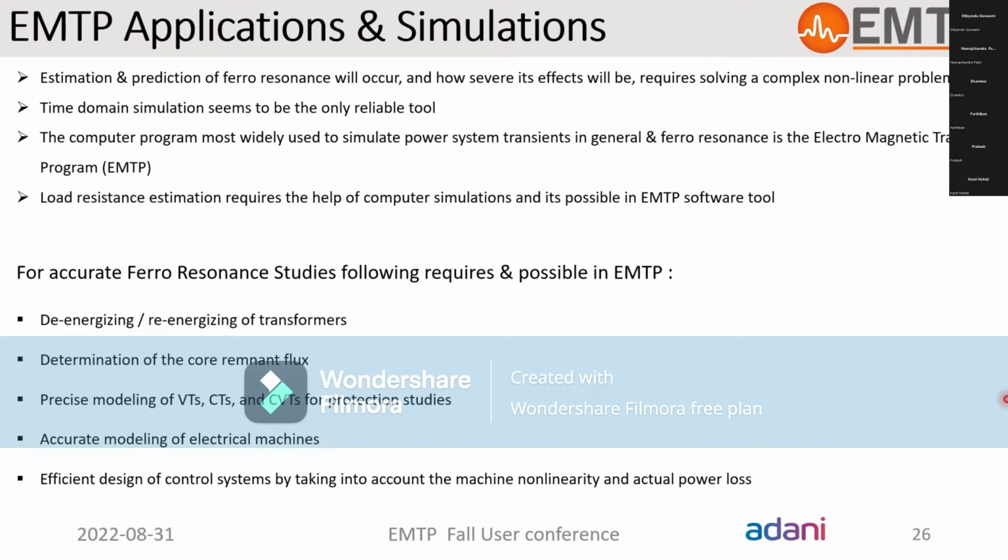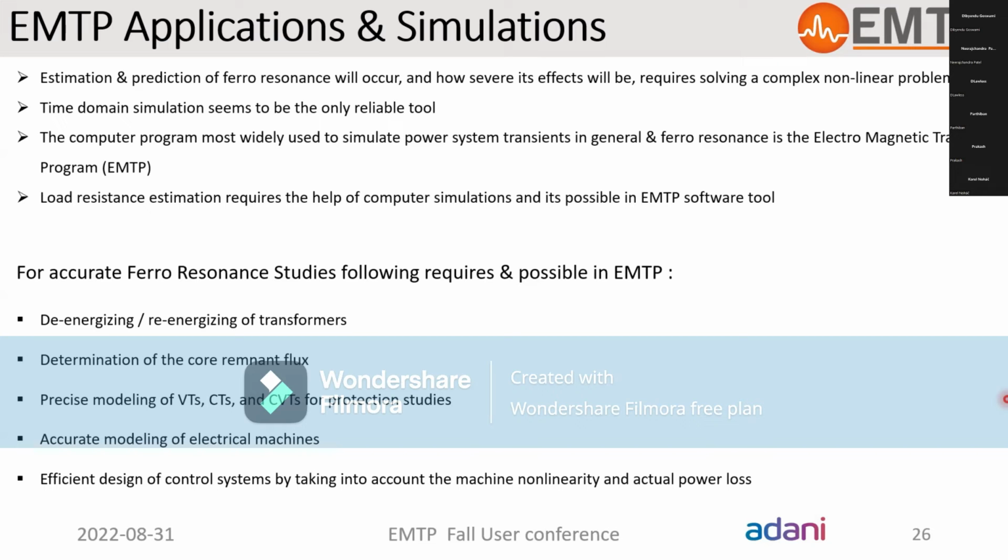The software tool must be capable of providing a facility for deenergization or reenergization of the transformer, determination of the core remnant flux, precise modeling of the VTs, CTs and other devices, accurate modeling of the machines, and efficient design of the control system for power electronics based drives by taking into account the machine non-linearity and actual power loss.